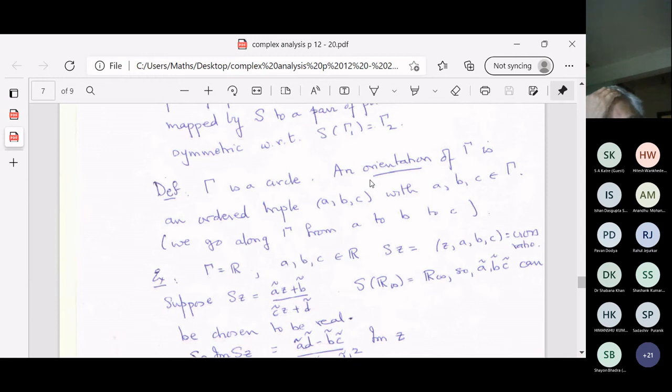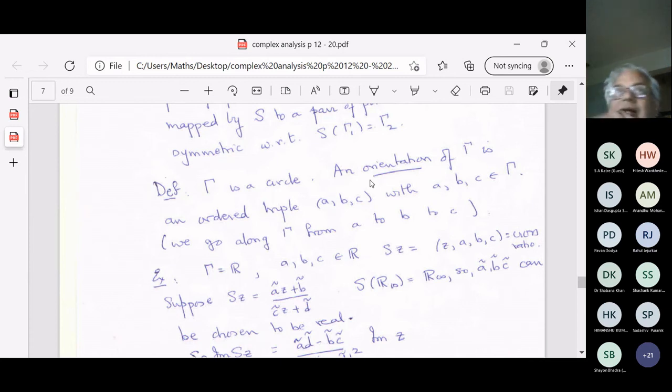I can go from 0 to 1 in two directions. I can either go from 0 to 1 on the right, or I can go from 0 to infinity and back to 1. So two points do not determine the orientation of that line.